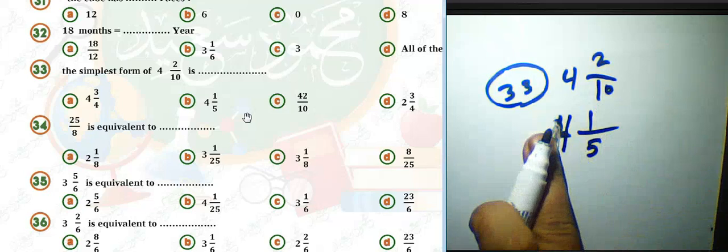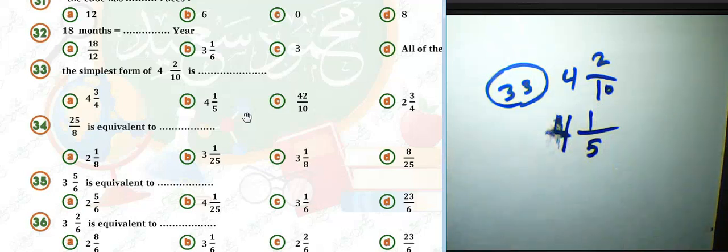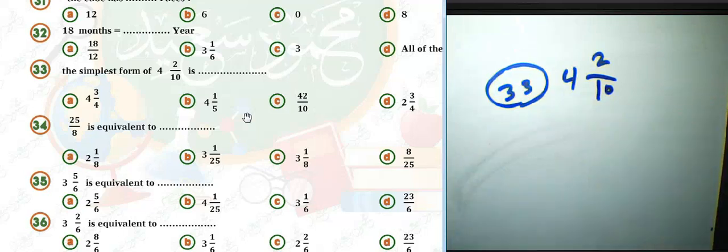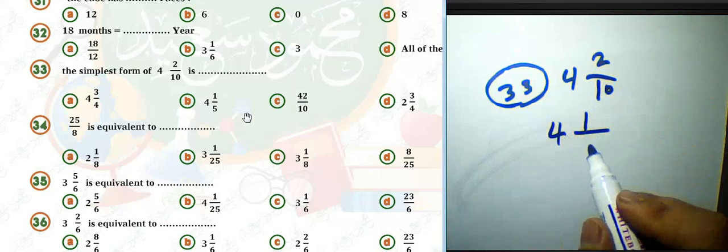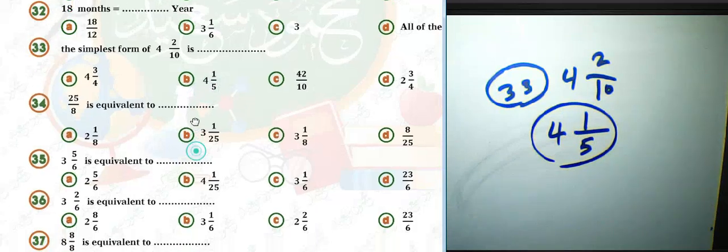So the simplest form will be 4 and 1 over 5. Choose letter B about this example.